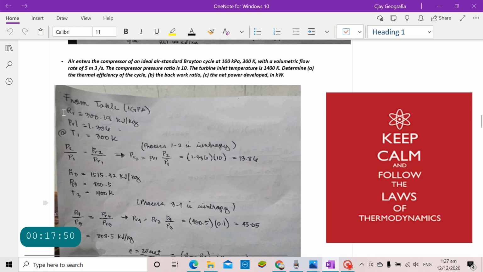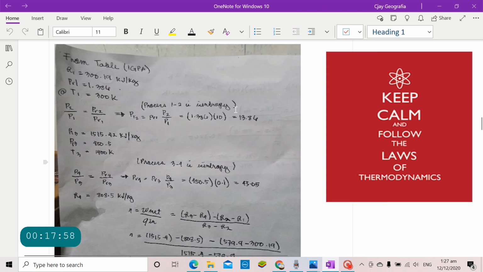So from the table, IGP, ideal gas properties of air, this is our given. So process 1 and 2 is isentropic. We use it just like we used in the first problem: PR2 over PR1 is equal to P2 times PR1.